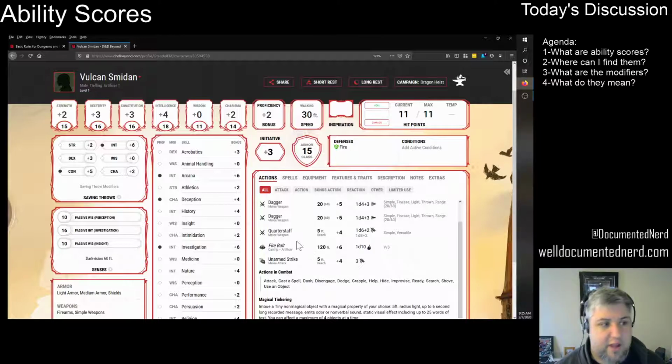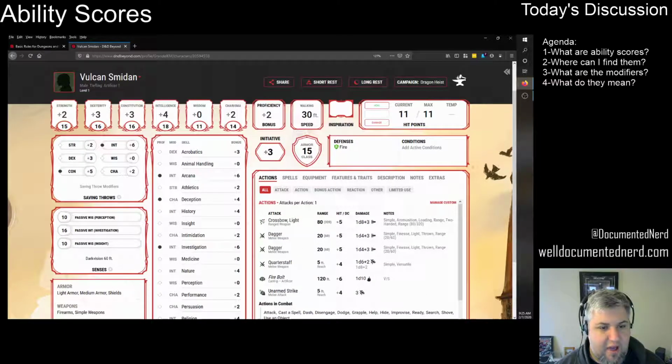So by default, I have chosen things like my unarmed strike has a +4, which is this plus this. My range attack has a +5. That's my dexterity plus my proficiency bonus, +5. You'll also, though, notice things like dagger. My damage is a +3. So this is a +1 dagger, ultimately. But I have an additional proficiency here because of how my character is built.